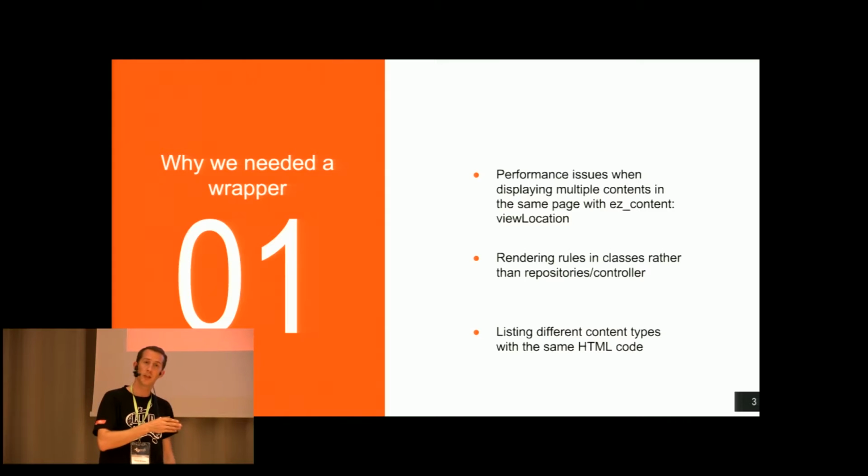It was another company who built the website originally. I don't know why they did this, but we just had to migrate the website with these content classes with really different content identifiers for every class. So it was really a pain to switch between a title identifier or a name identifier. We had to find a solution for this.